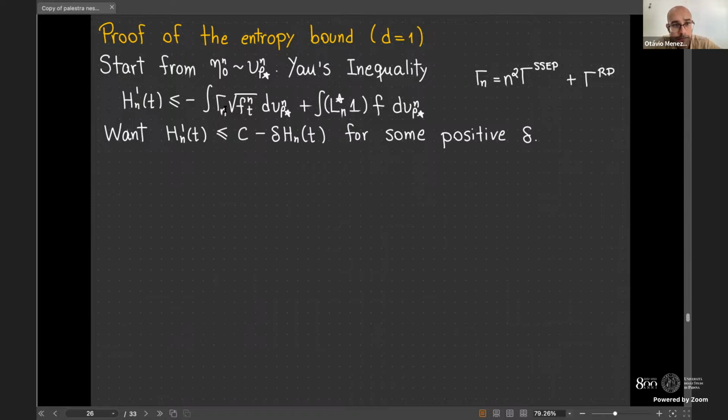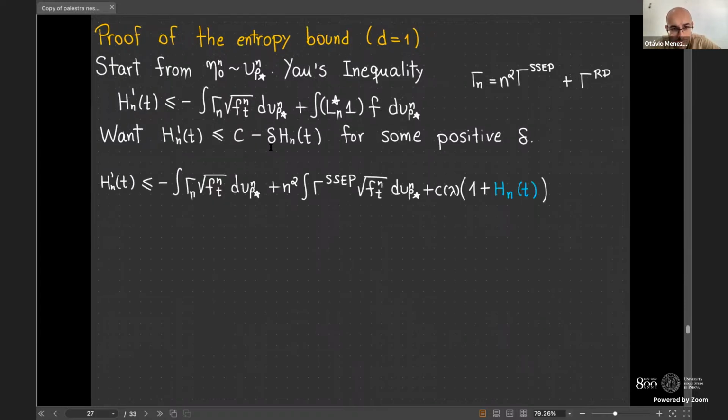So we apply Young's inequality, and estimating this term, we want to arrive at some bound for the time derivative that has a negative coefficient in front of the entropy. Then you can use some elementary argument to argue that your entropy stays bounded in time. You can integrate this in time and say that the entropy remains bounded.